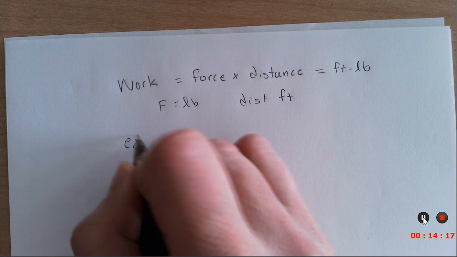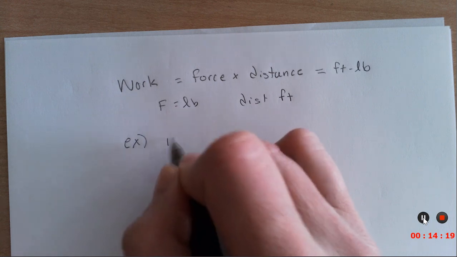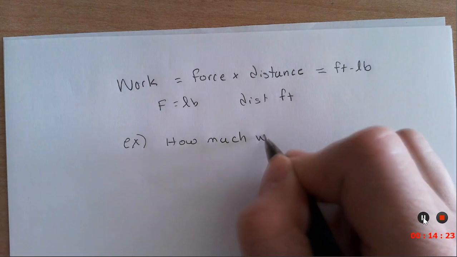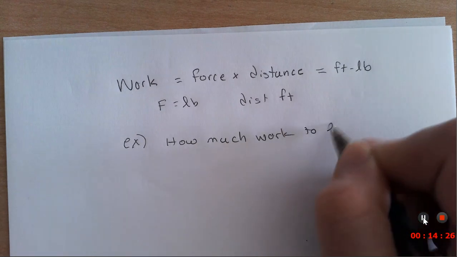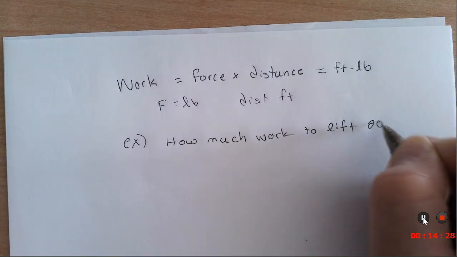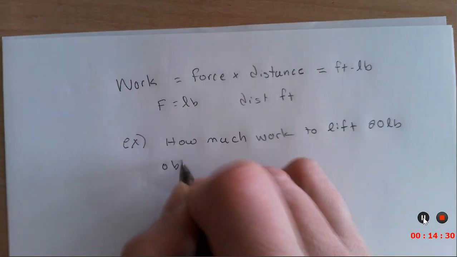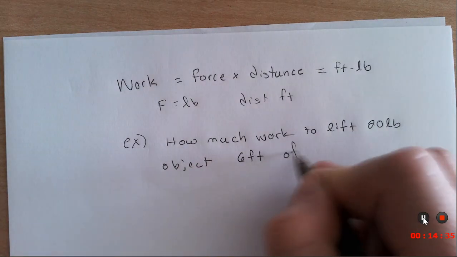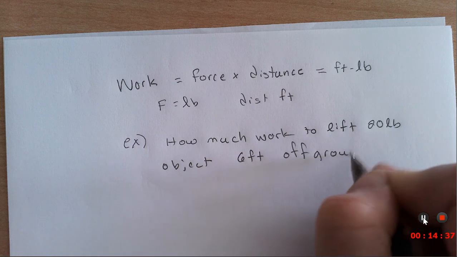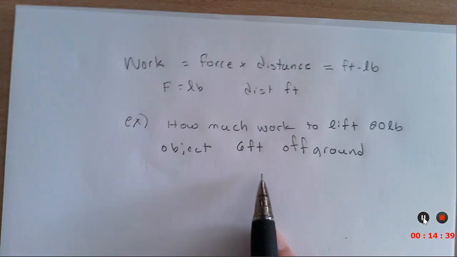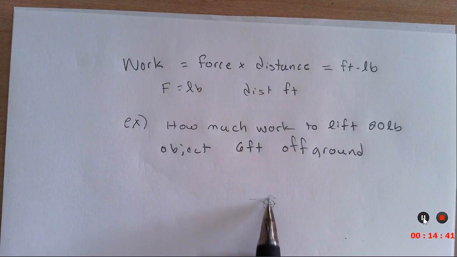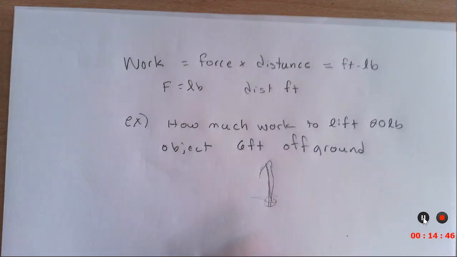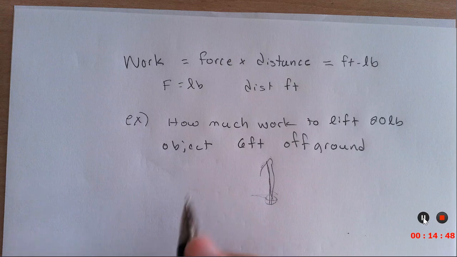So let's do an example first with a simple example where we don't really need to use vectors. So how much work to lift a 20-pound object 6 feet off the ground? So I have an object on the ground and I'm lifting it straight up, so the force is going in the same direction as the motion, which we'll get to in a minute.